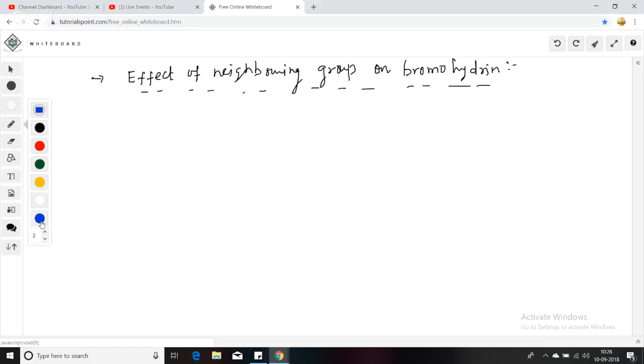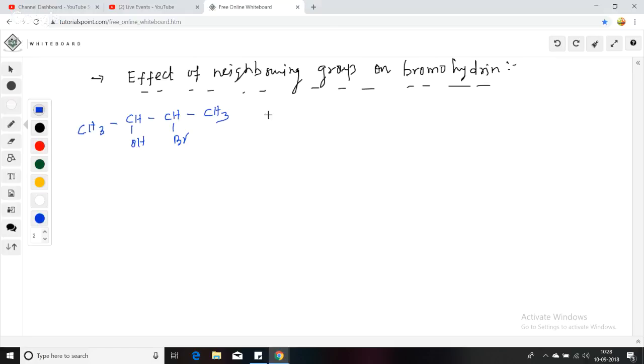Okay, so if I write down one reaction here, you see this reaction carefully. If I have CH3, CHOH, CHBr, CH3. Okay, this is bromohydrin because here we have Br and here we have OH.